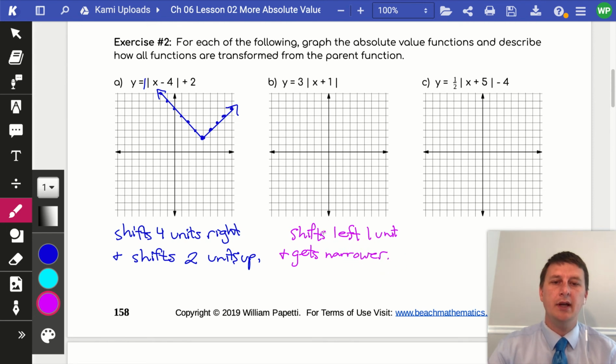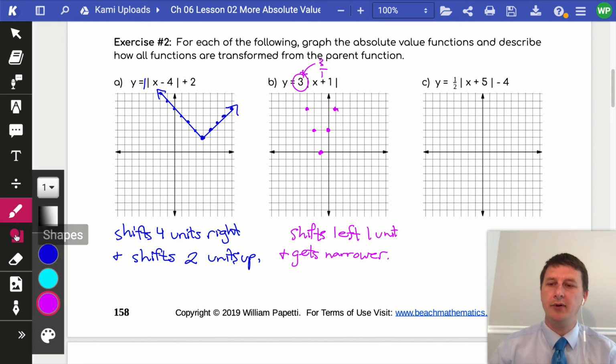So again, we know our vertex is 1 unit to the left of 0, 0. So our vertex is going to occur there. And we know our slope is going to be 3, which is the same as 3 over 1. So in each direction off of this vertex, we're going to go up 3, right 1, up 3, right 1, until we run out of room. And then we're going to go up 3, left 1 to make a V-shaped graph, up 3, left 1, until we run out of room.